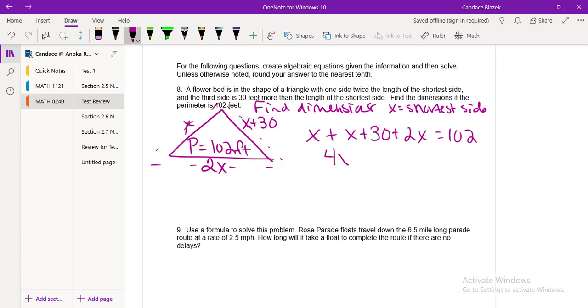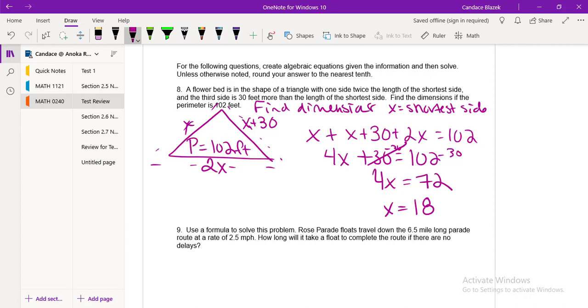So combining like terms, I have 4x plus 30 is equal to 102. Subtract 30 from both sides. 4x, it cancels off the left, is equal to 72. And x is equal to, when you divide 72 by 4, you get 18.